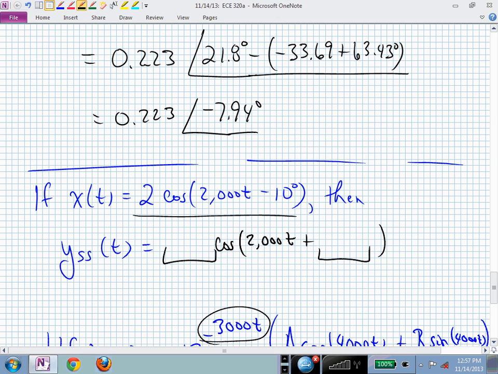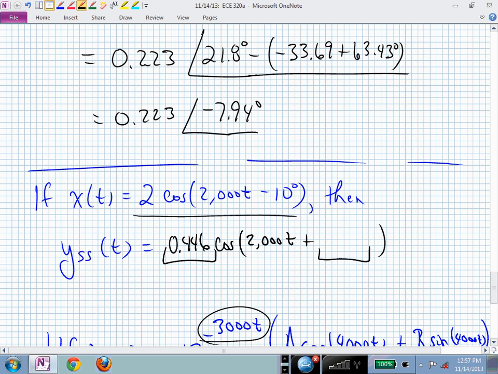But what is the amplitude of that sinusoidal steady state output? It's the original amplitude of 2 of the input times how that input gets scaled as it passes through the system at that frequency, and we determined that to be 0.223.